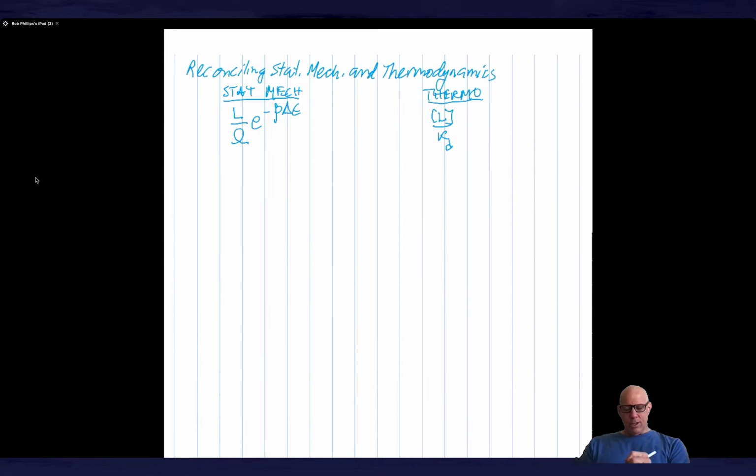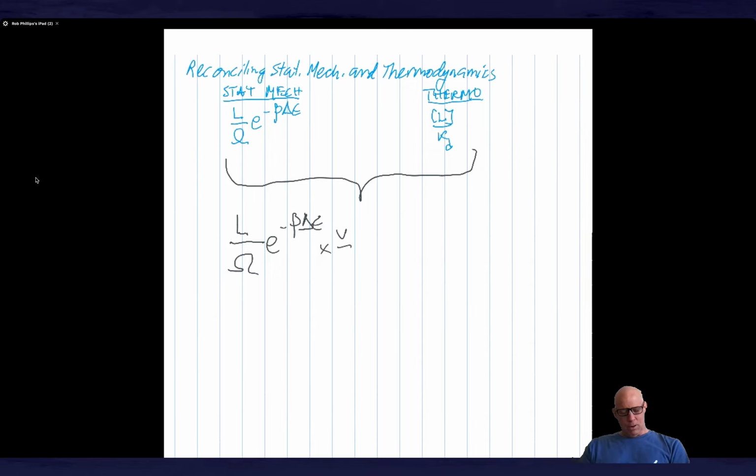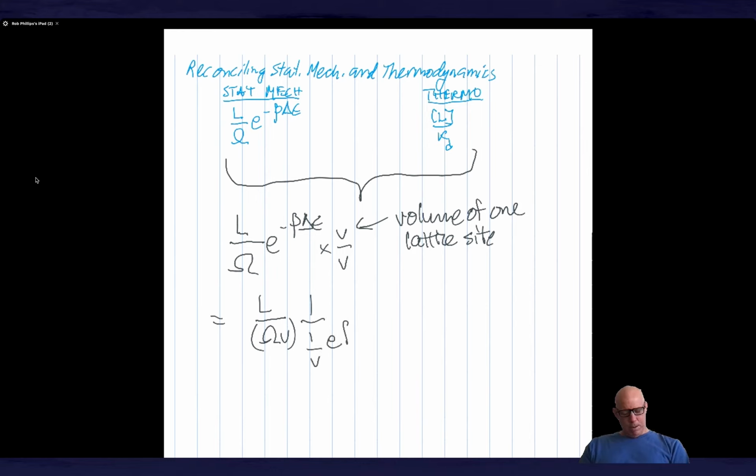Now the reconciliation of these two worldviews is actually very simple, because if I take L over omega, e to the minus beta delta epsilon, and then I multiply it by little v over little v, where this is the volume of one lattice site, now I can rewrite this as L over omega v times 1 over little v, and then e to the beta delta epsilon.